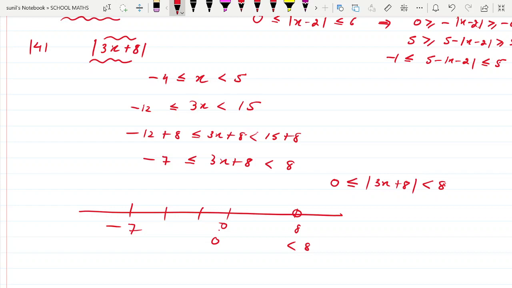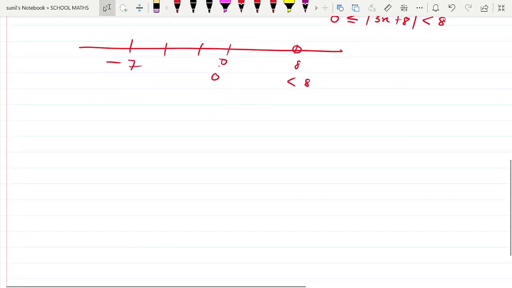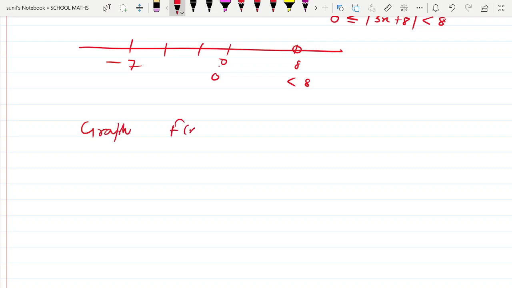Now, how to draw the graph of modulus of x, guys. Graph of f(x) equals mod x. Certainly, what is the domain of this? The domain is definitely R and the range is, you know that mod x is greater than or equal to 0, so the range is 0 to infinity.